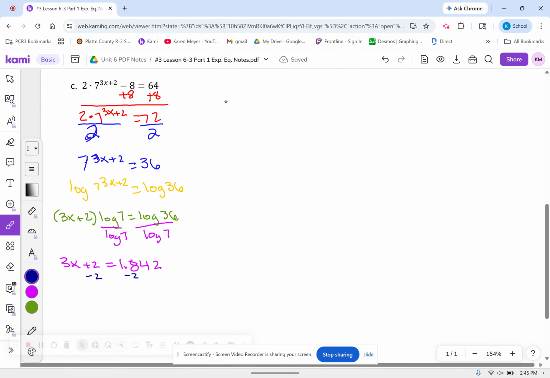So subtract 2, so 3x equals negative 0.158. And then if you divide that out, you will get x equals negative 0.053 as your final answer.